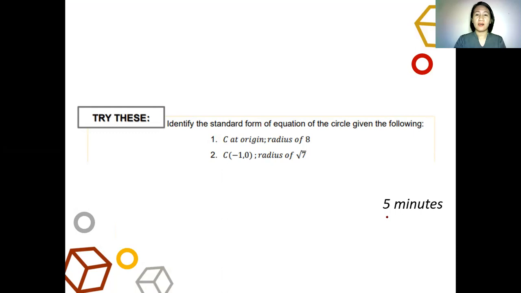C at the origin, radius of 8, then C at (-1, 0), radius of square root of 7. You're supposed to have 5 minutes to answer this, but if you can answer it faster, that would be better. So again, I'd like you to pause this and answer it for a while, and then we'll be back for the answer.